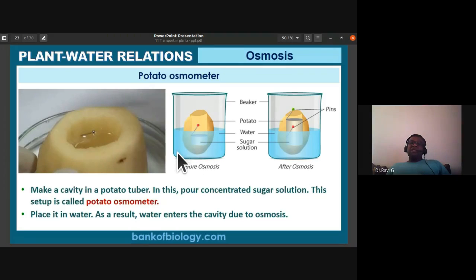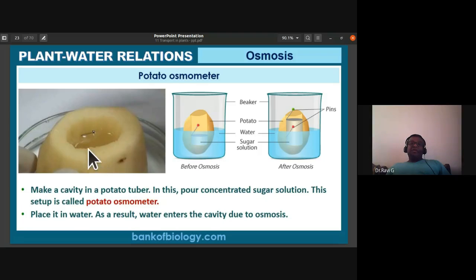There has been entry of water from the beaker into the potato cup containing the concentrated sugar solution. So osmosis has taken place, and the semi-permeable membrane is the plasma membranes of the cells of the potato. So it is in a living cell that we are demonstrating osmosis.